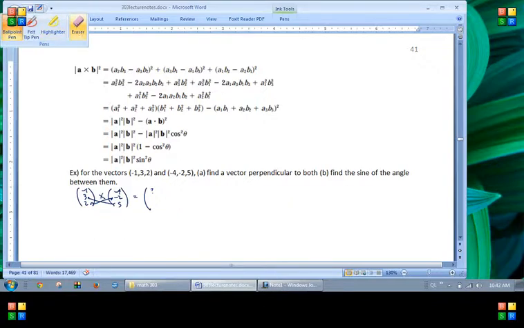So the first component is 3 times 5 minus 2 times negative 2.